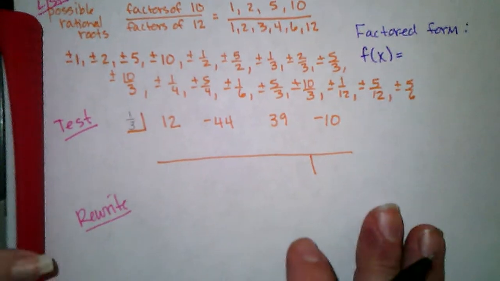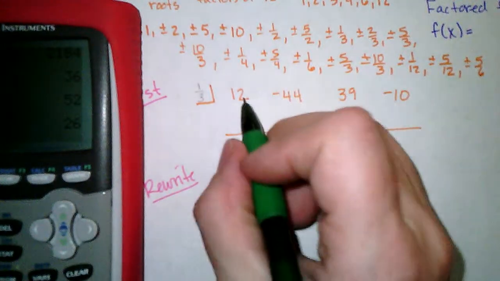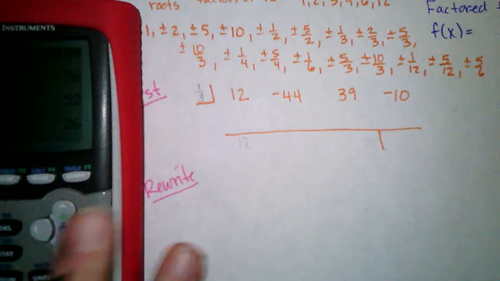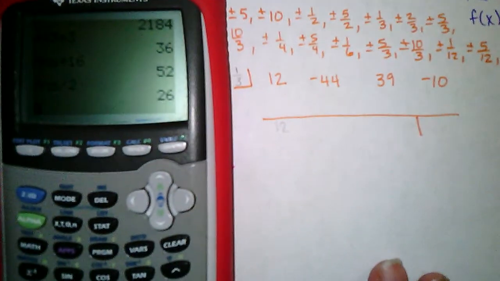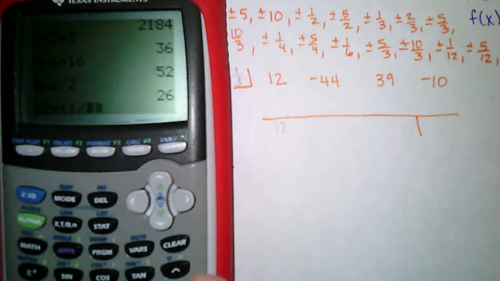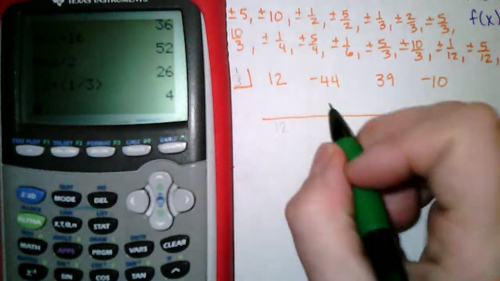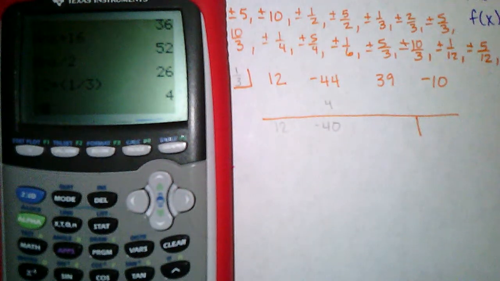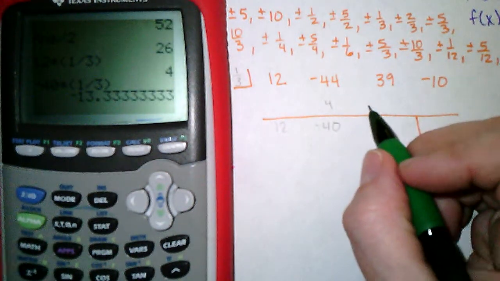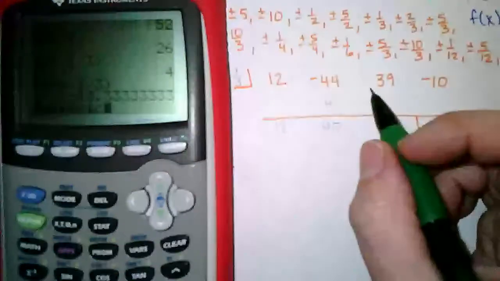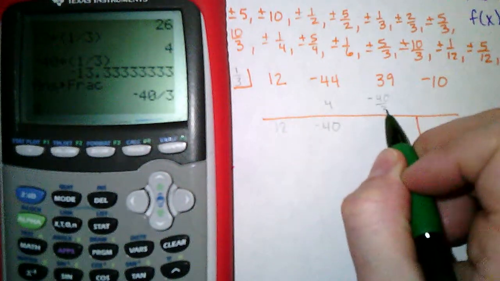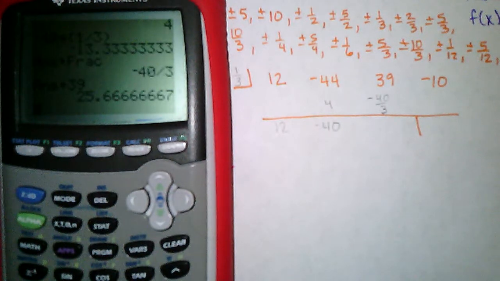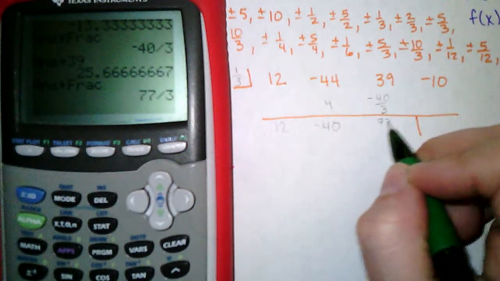We've got 1/3. We're going to bring down that 12. 12 times 1/3. If you're not a fraction fan, you can do 12 divided by 3. That's 4. Then add, that's negative 40. Negative 40 times 1/3 is negative 40/3, plus 39, 77/3.